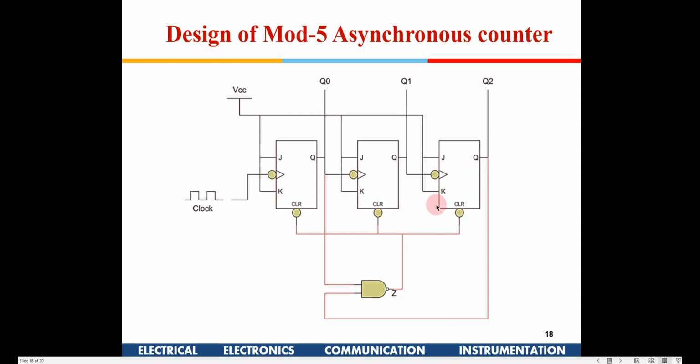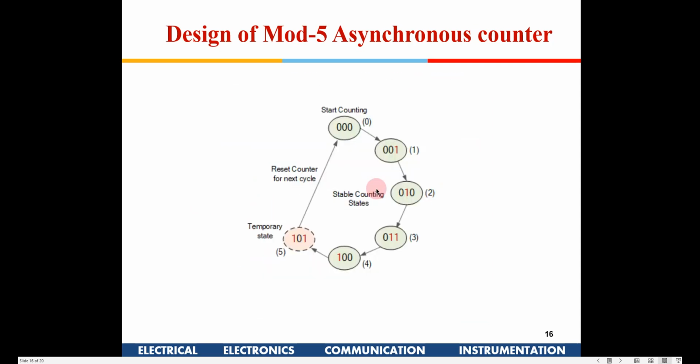Even this configuration is also one method of making an asynchronous Mod-5 counter using JK flip-flops. Like I said, if you see the count, 0, 1, 2, 3, 4, only in 5 I have 2 ones, MSB and LSB. In the others we don't have both MSB and LSB; only the LSB is there, or only the middle.